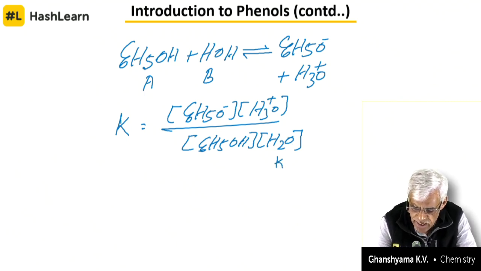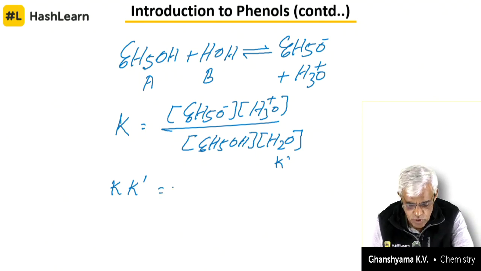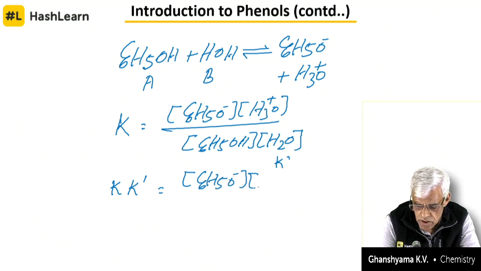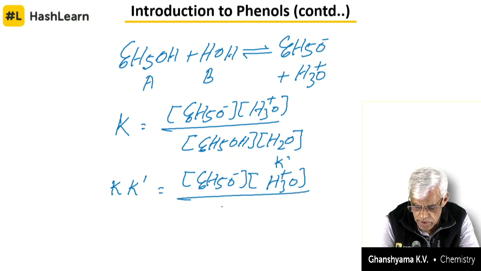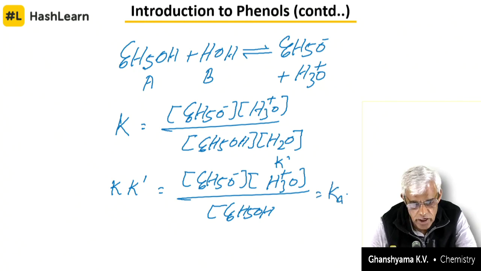I will call it K dash. Therefore, K into K dash is equal to active mass of C6H5O minus into active mass of H3O plus divided by active mass of C6H5OH. This is called Ka.